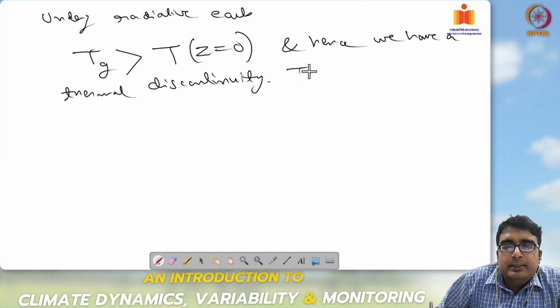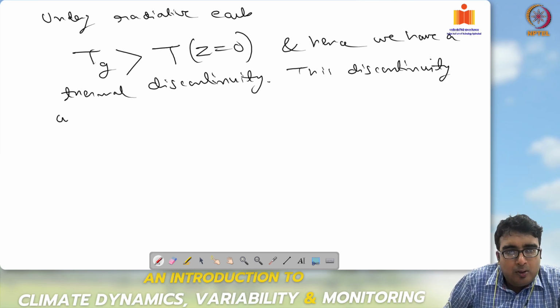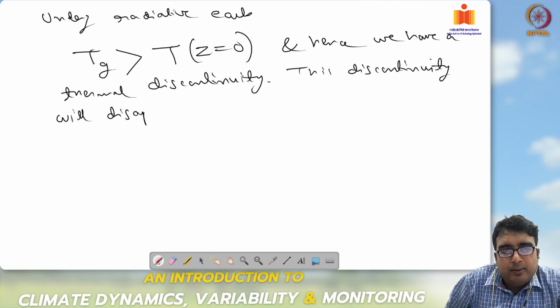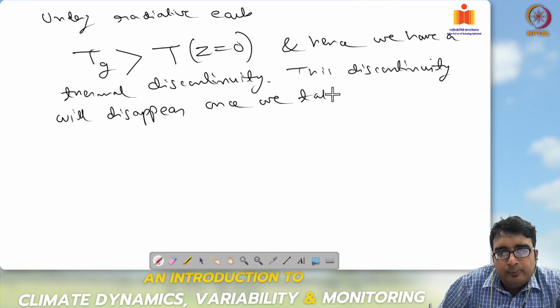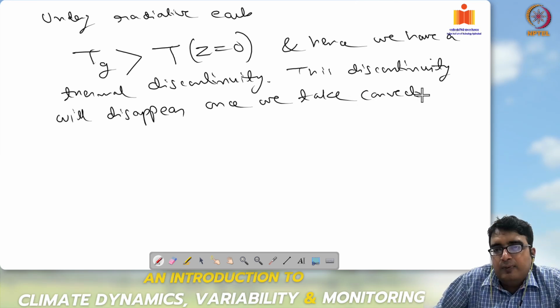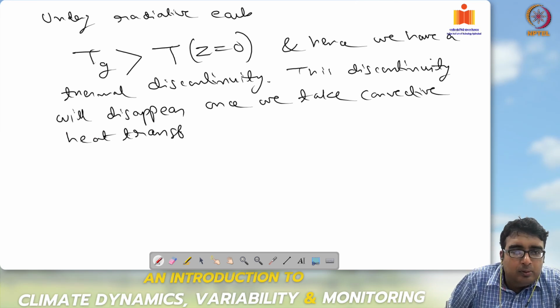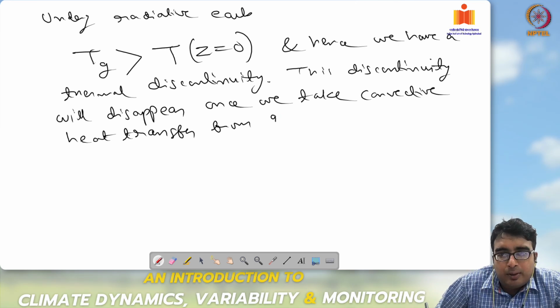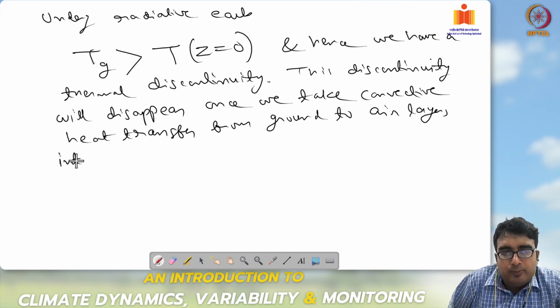Okay. This discontinuity will disappear once we take convective heat transfer from ground to air layers into account.